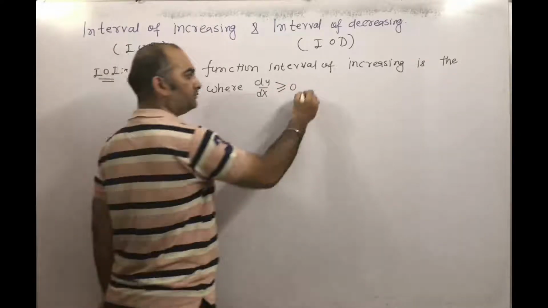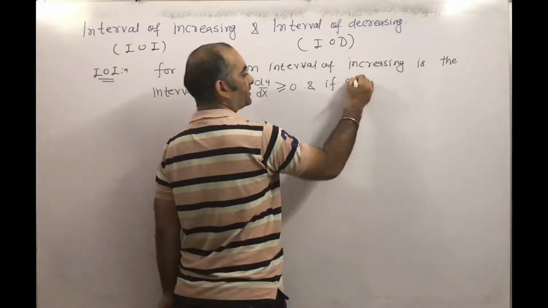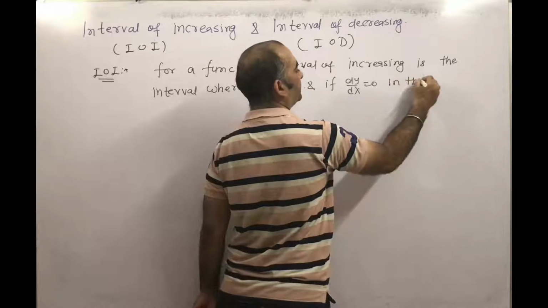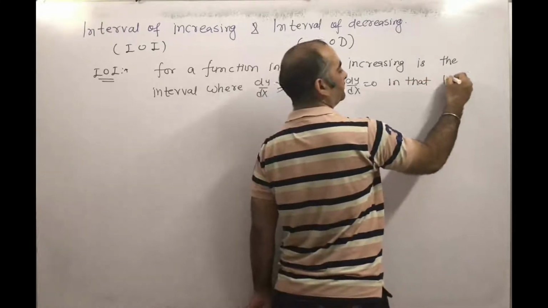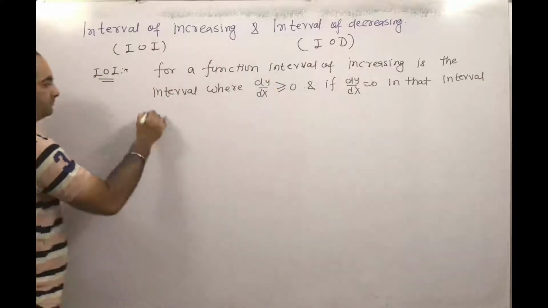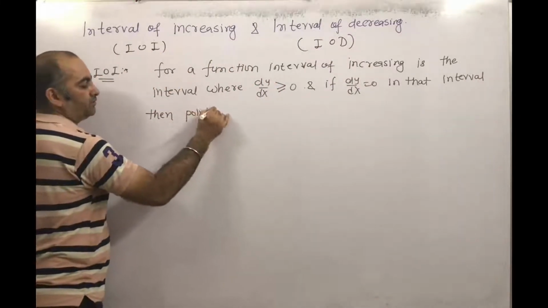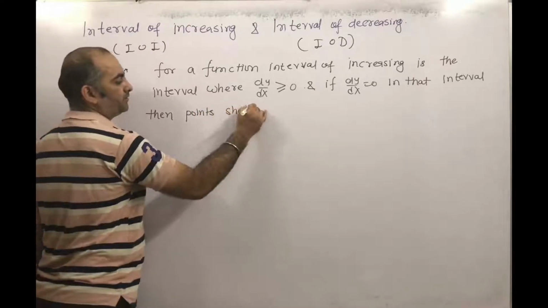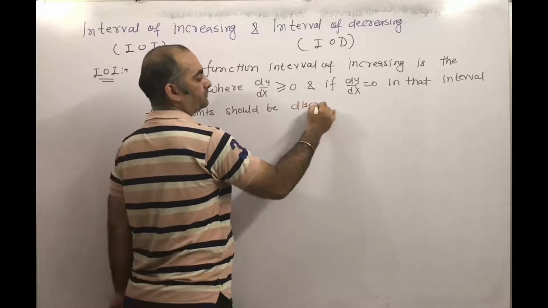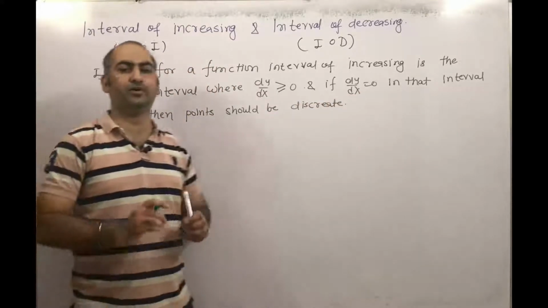Okay, and if dy by dx equal to 0 in that interval, then points should be discrete. Points should be discrete. And how to check whether point is discrete or not?